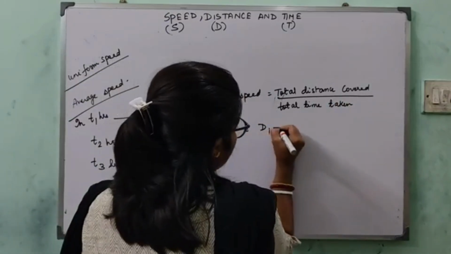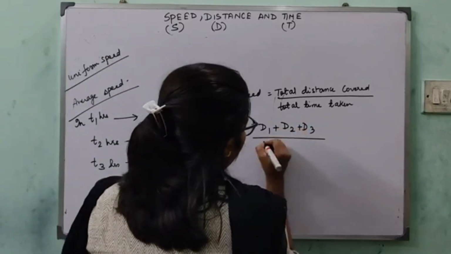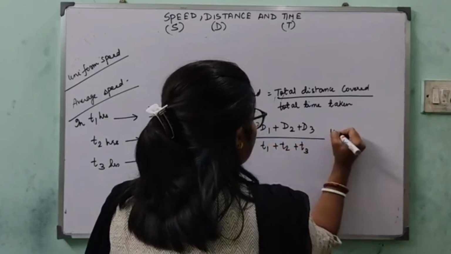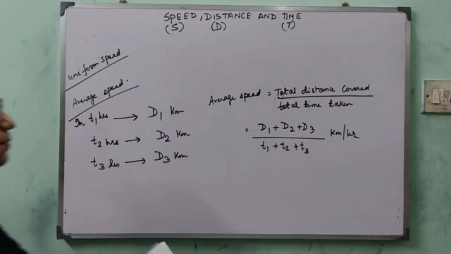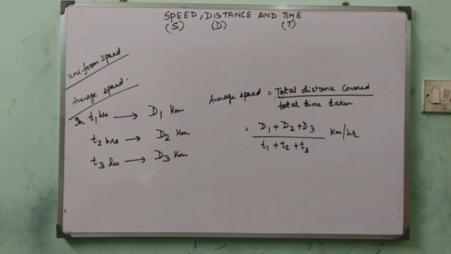That is, total distance covered will be d1 plus d2 plus d3 for this example, by t1 plus t2 plus t3, in kilometers per hour. So suppose I have covered d1 distance in t1 hours, d2 distance in t2 hours, and d3 distance in t3 hours. How do I calculate the average speed? The average speed will be the total distance covered by the total time taken.